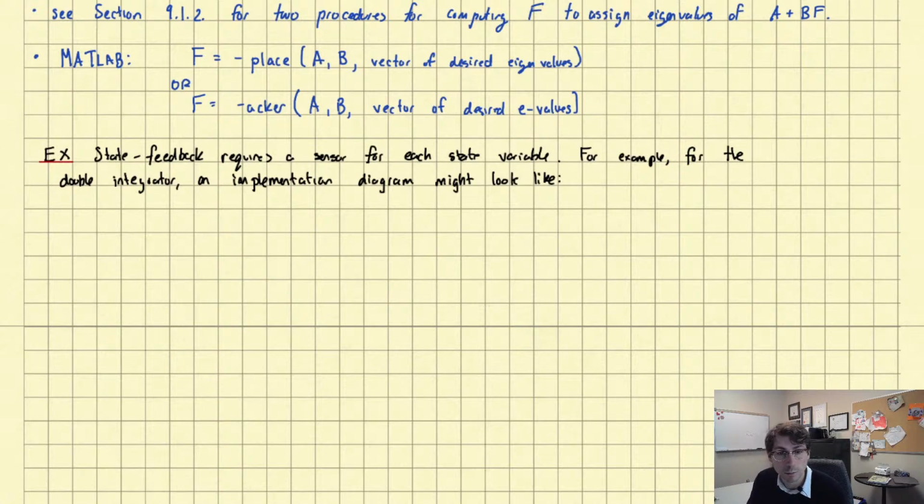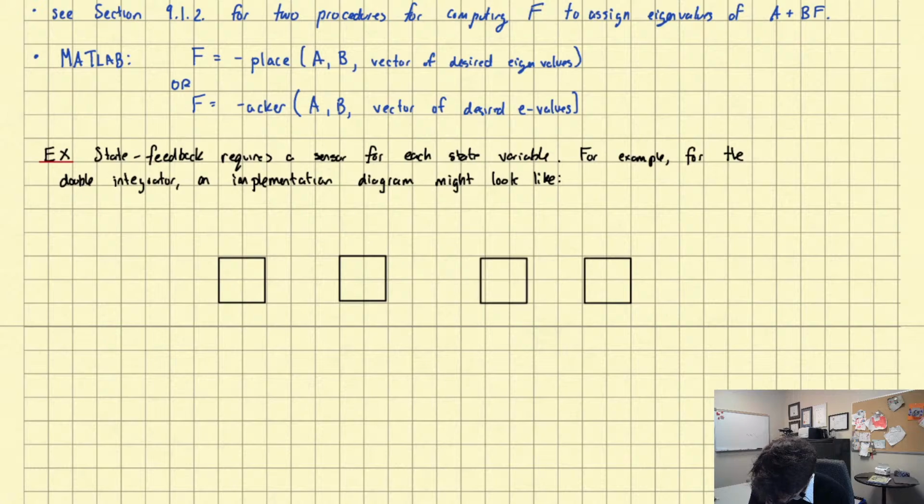Okay, so let's draw what it looked like in the case of the double integrator. First of all, we have our underlying continuous time dynamics. So let me draw a few boxes here. Okay, so our continuous time system is a double integrator.